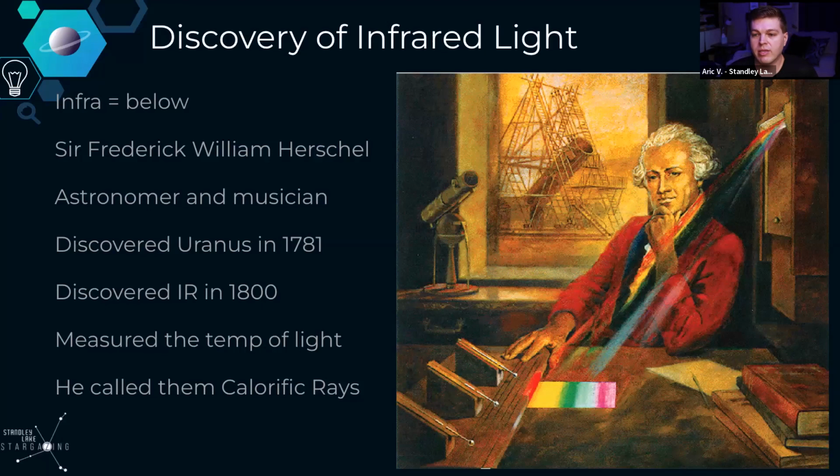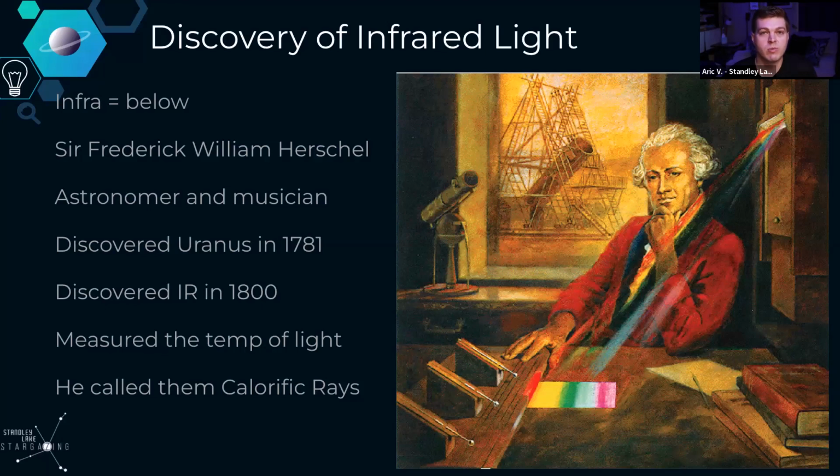Now, the interesting discovery that Herschel made, and I believe this might be more apocryphal, who knows, was that after he left the prism open to the window and he was done taking measurements, the sun moved a little bit, and he noticed that the one that was seemingly out of the light, a little bit below the red color, which he thought should be reading room temperature at that point, was actually picking up some heat.